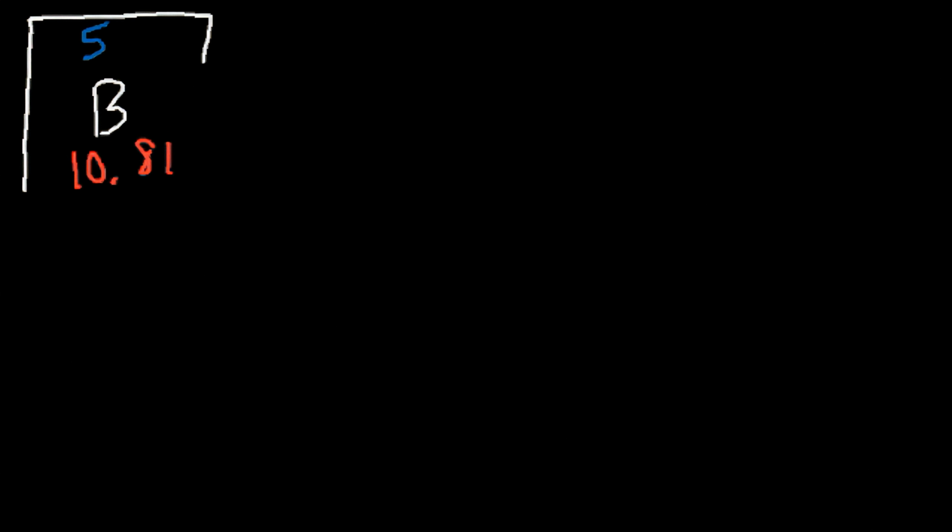Now, what about boron? Boron has an average atomic mass of 10.81, and it's element 5 on the periodic table. Boron has two principal isotopes, boron 10 and boron 11.